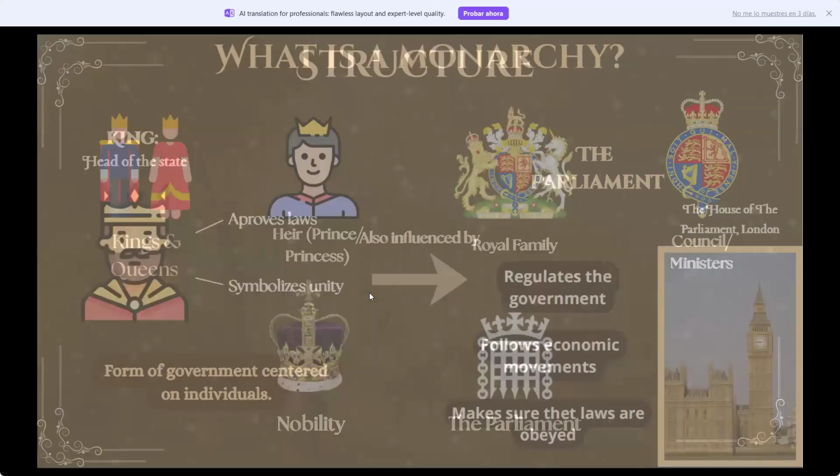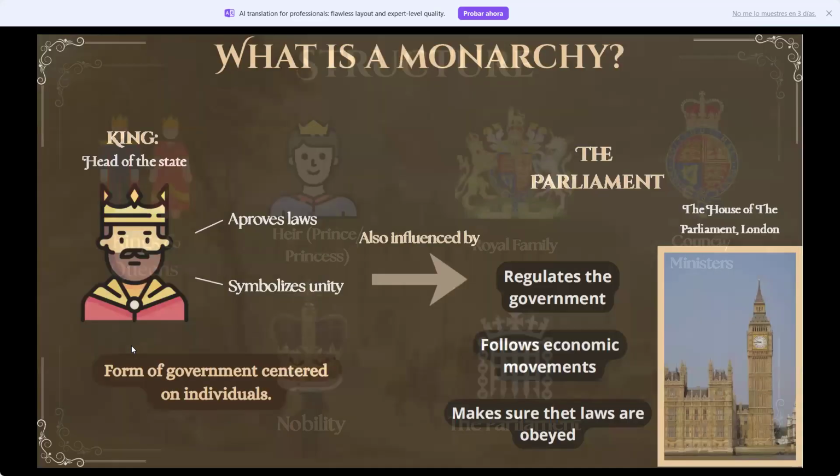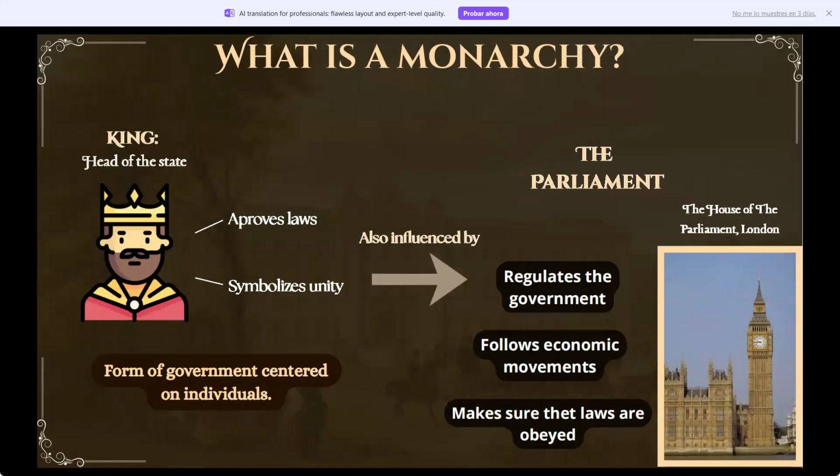Okay, now I have a question. How do the monarchy and the parliament work together? Okay, as I mentioned before, the parliament makes the laws, right? And the monarch just approves them. However, this is symbolic. I mean, the monarch cannot reject the laws or change them. Another example is the government. In other words, the prime minister plus cabinet must have the support of the House of Commons, but not the monarch.